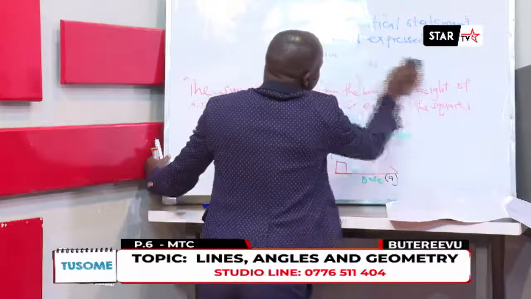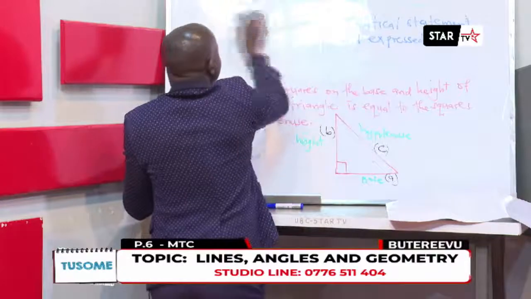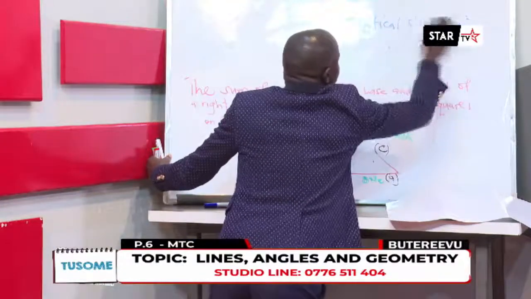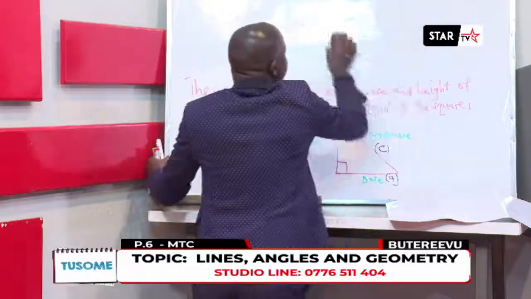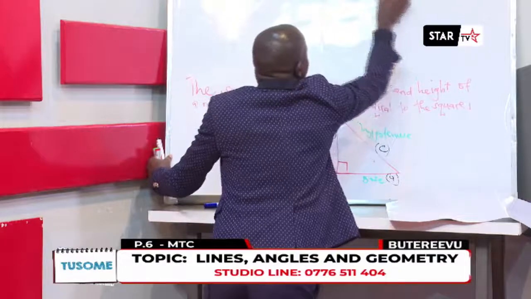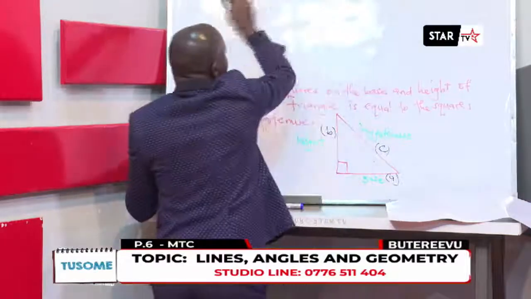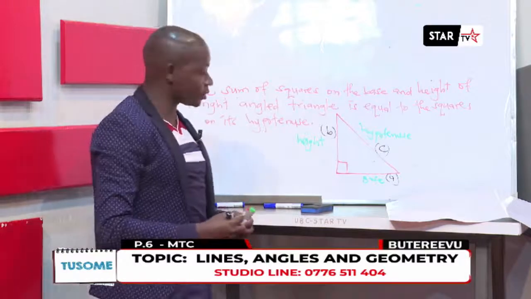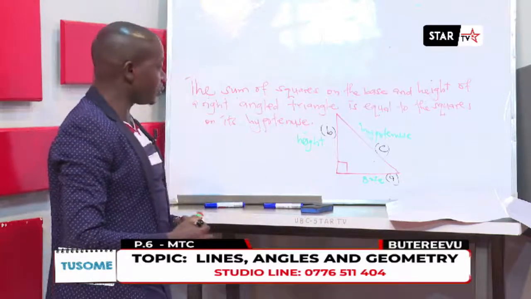We are going to base on that, and we come up with a summative statement that we shall be using when we are looking for the hypotenuse. It will be very hard for us to keep on writing this statement forever whenever we face such questions.